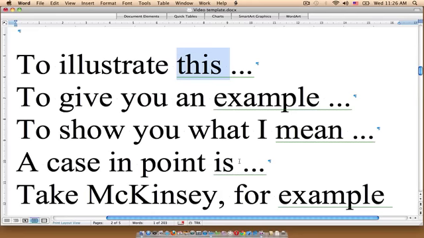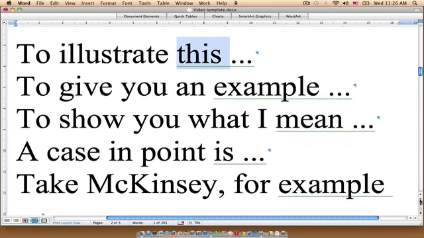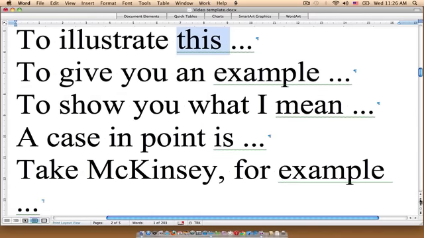A case in point is, so if we were talking about perhaps some successful advertising campaigns, I might say something like, a case in point is the McDonald's restaurant advertising campaign, or the McDonald's restaurant slogan, "I'm loving it," or something like that, if that was the topic that we were talking about.